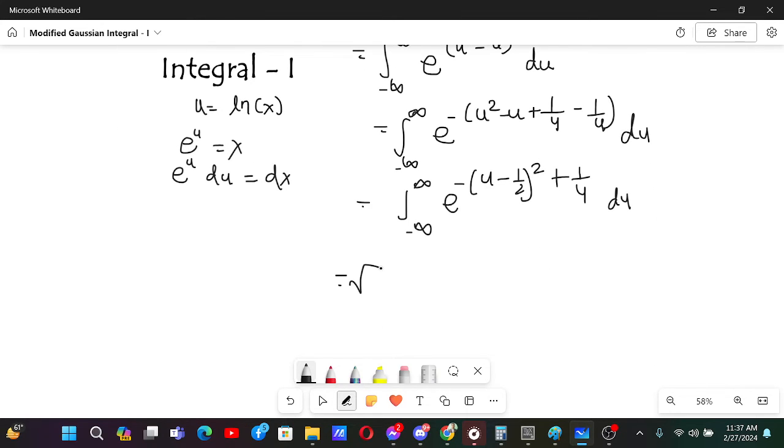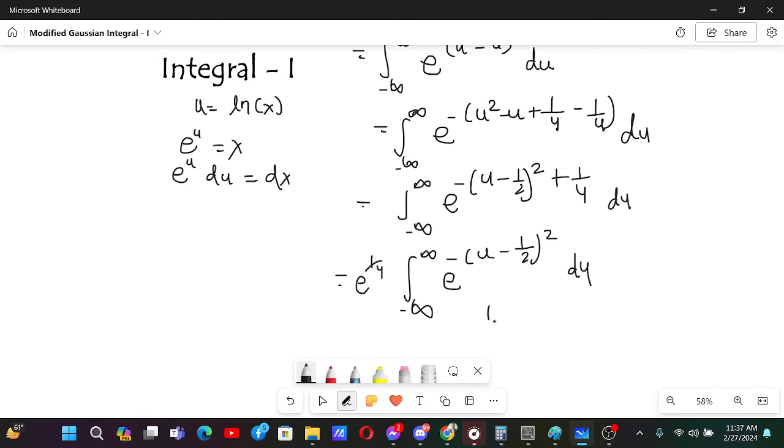Now I can take e to the power 1 by 4 outside, and then the integral from minus infinity to infinity of e to the power minus u minus 1 by 2 whole square du.